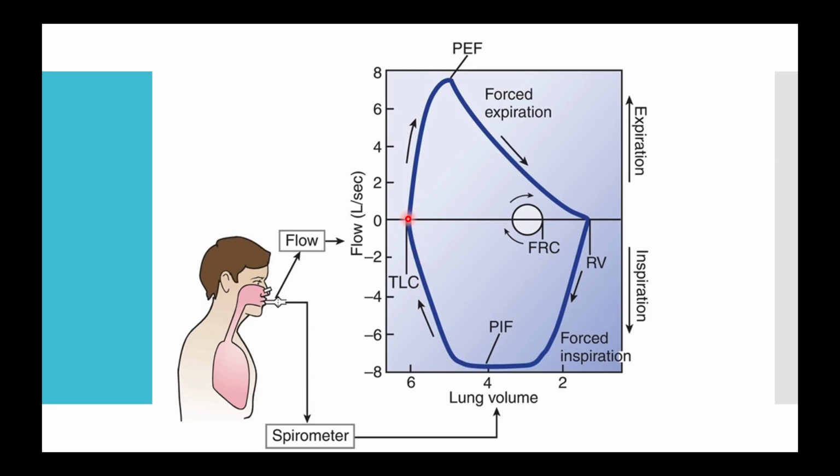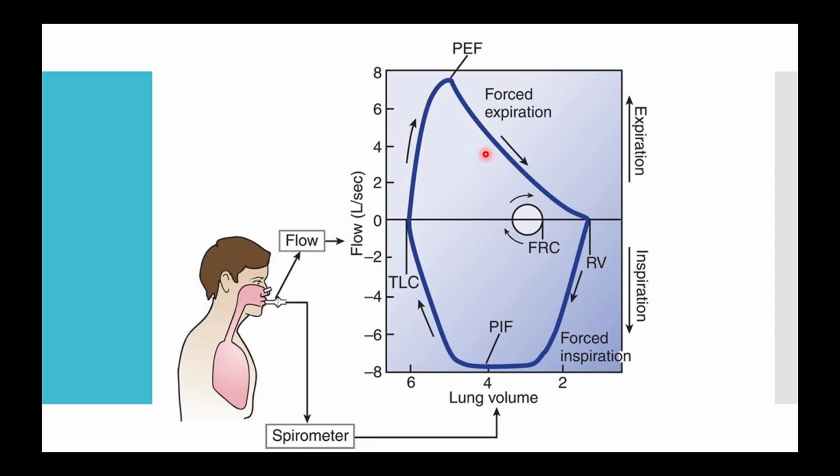Once again, it's into two parts. The first one until we reach the peak expiratory flow, and then the second part which has decreasing flow, but the lung volume is also decreasing, it's not increasing.